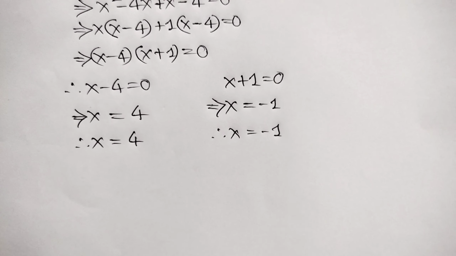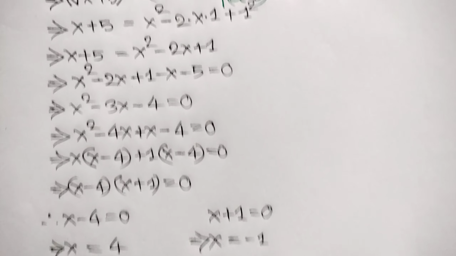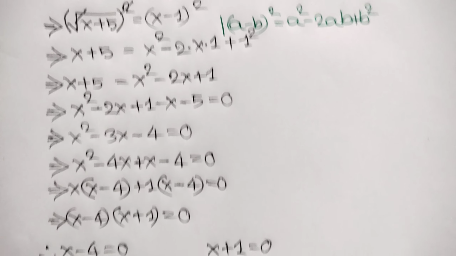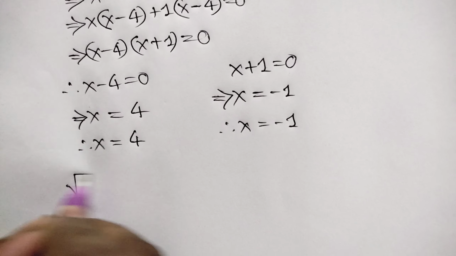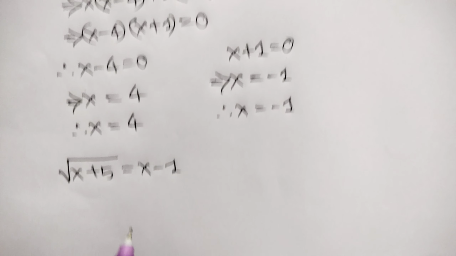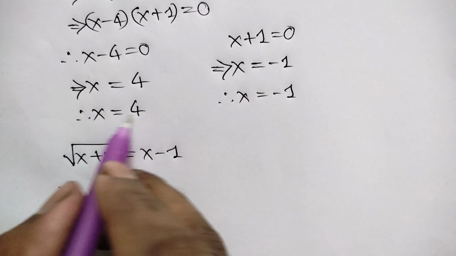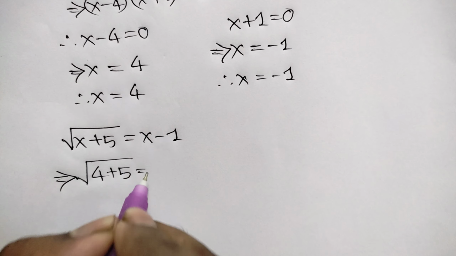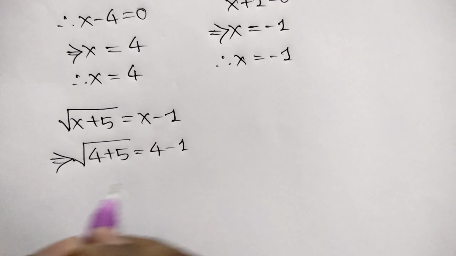Now check our question: square root of x plus 5 is equal to x minus 1. Here x is equal to 4, so we can write square root of 4 plus 5 is equal to 4 minus 1.